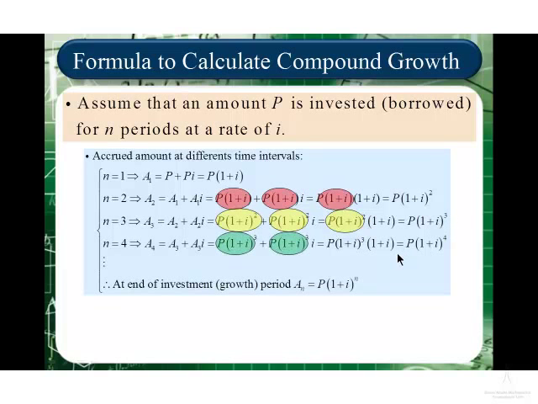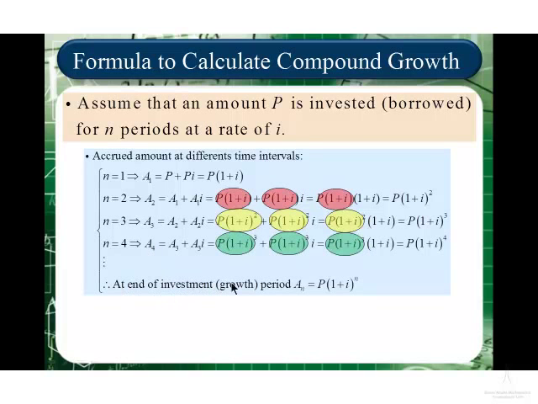And again, we can continue this pattern exactly the same. You see the common factor P times (1 plus I) cubed for the fourth interest period will result, after factorization, in the formula growing to P times (1 plus I) to the power 4 for the accrued amount after the fourth interest period, and so on.